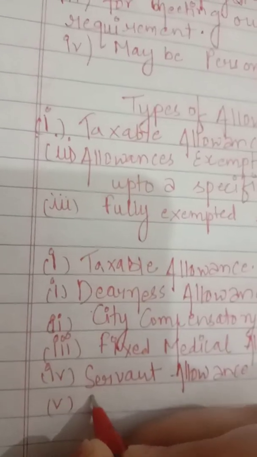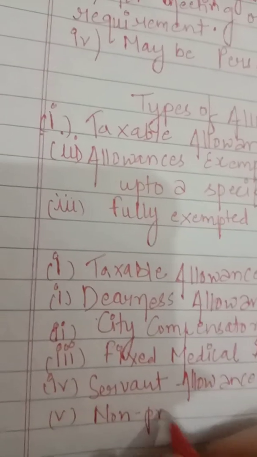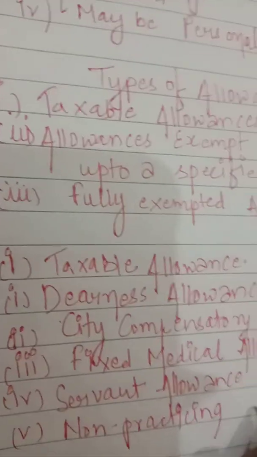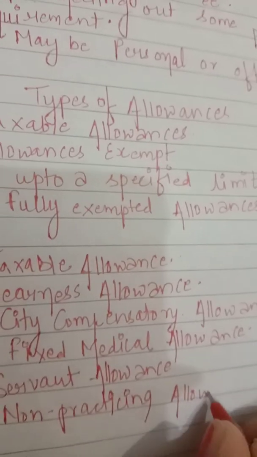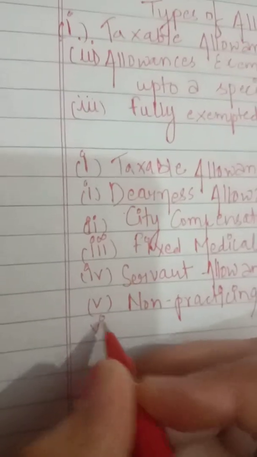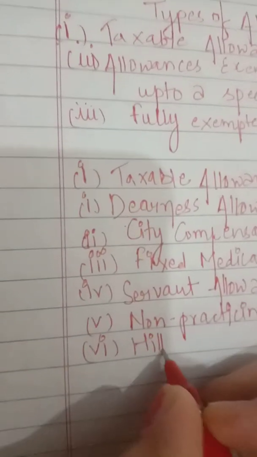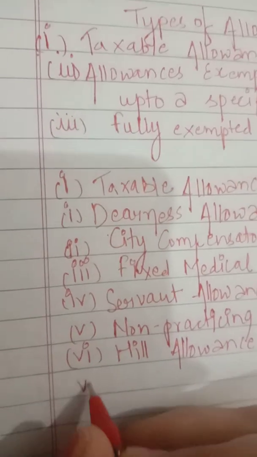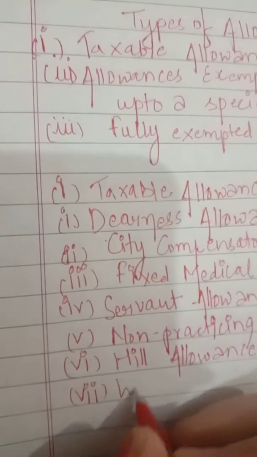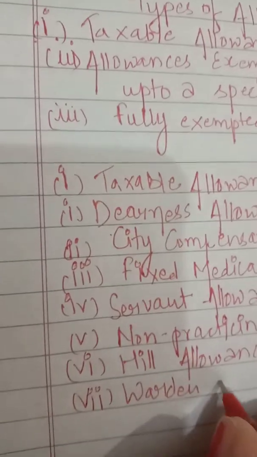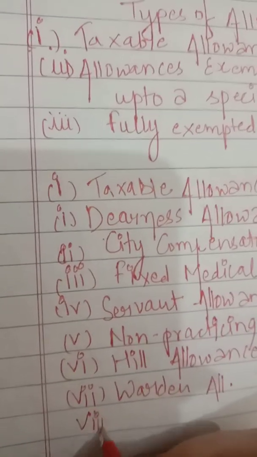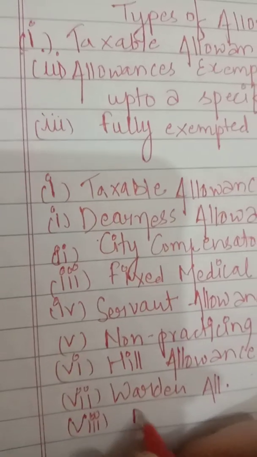Fifth, non-practicing allowance. Next, hill allowance. Seventh, warden allowance. Eighth, deputation allowance.